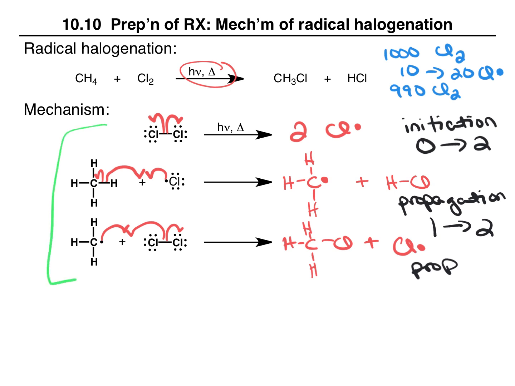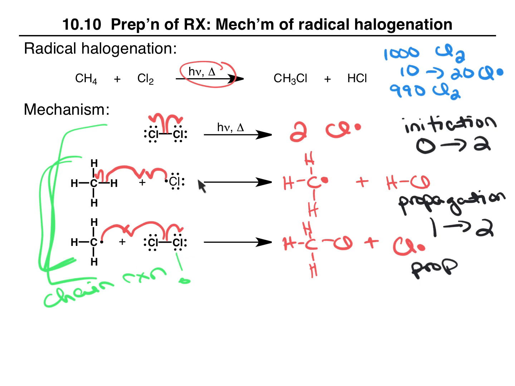So what we're talking about here then is a chain reaction. Once initiation happens, the propagation steps are going to happen many times, so it doesn't really matter that this first step is inefficient. Once this starts going, these molecules are going to keep bumping into each other. A methyl radical might bump into another molecule of methane and abstract a hydrogen, and you just get a different methyl radical. But it's also likely to bump into a molecule of chlorine, and then we get something different.